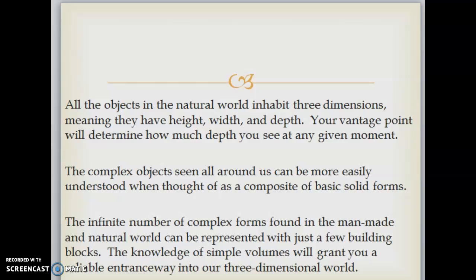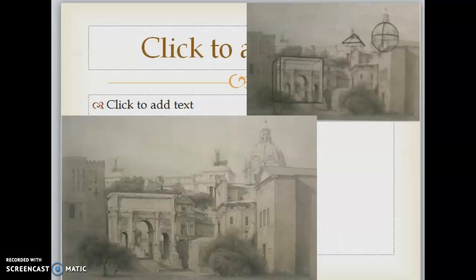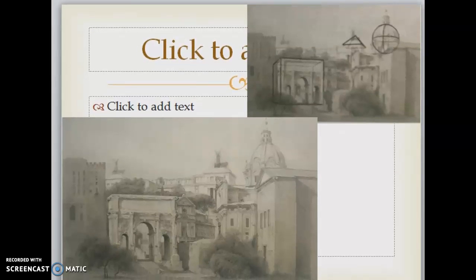The knowledge of simple volumes will grant you a reliable entranceway into our 3-dimensional world. Our man-made environments are often constructed and filled with geometric shapes forged from architects' plans and designers' sketches. At the top right, I've pulled out a few geometric solids concealed in this drawing. See how many more you can find.